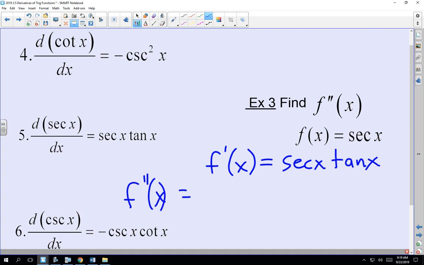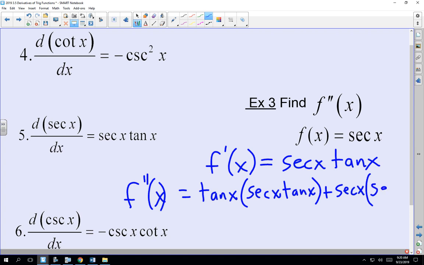It's going to be the second function, tangent of x, times the derivative of the first, which is secant x tangent x, plus the first function, secant of x, times the derivative of the second, which is secant squared x. So there's your second derivative.